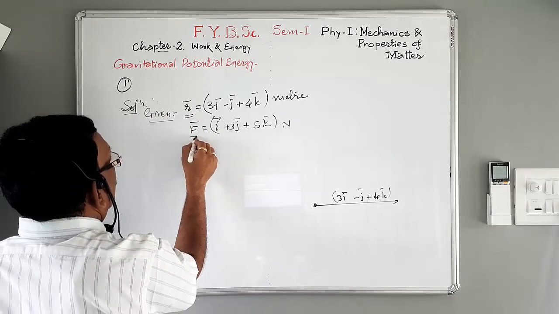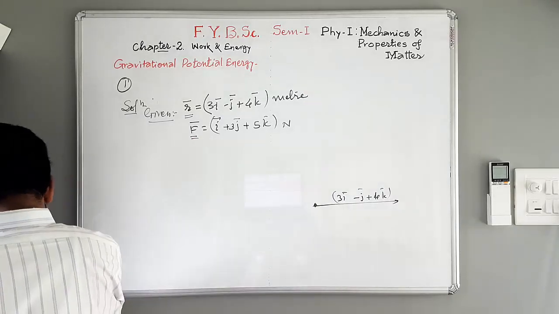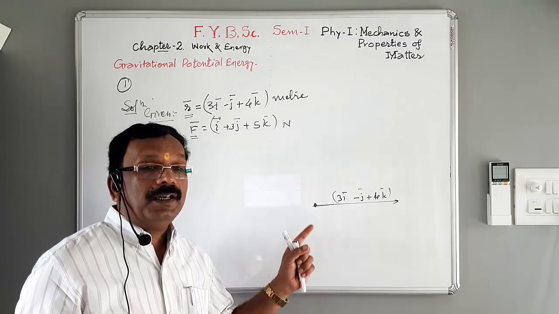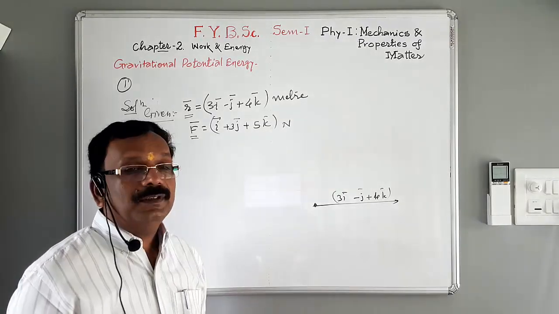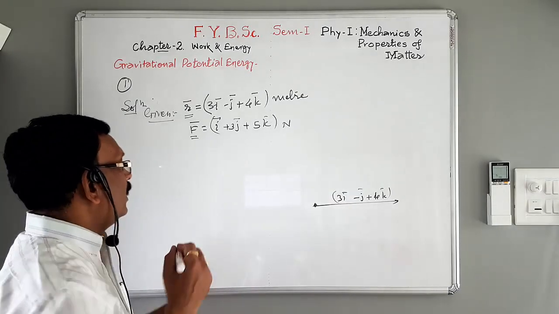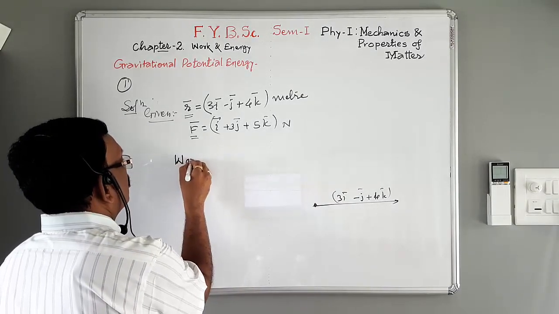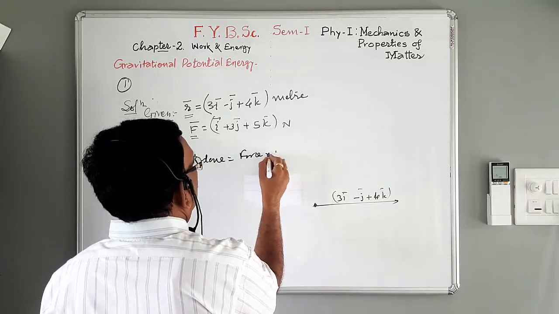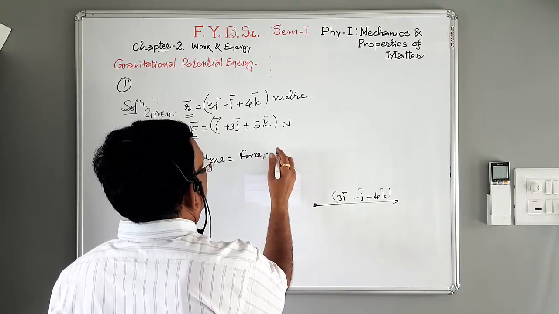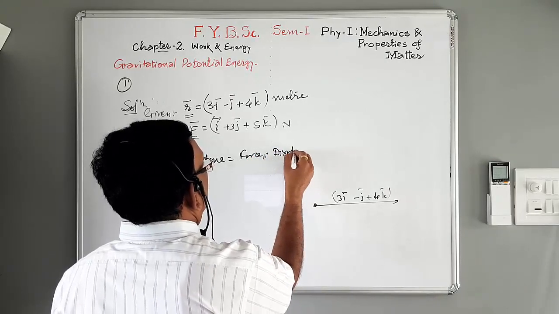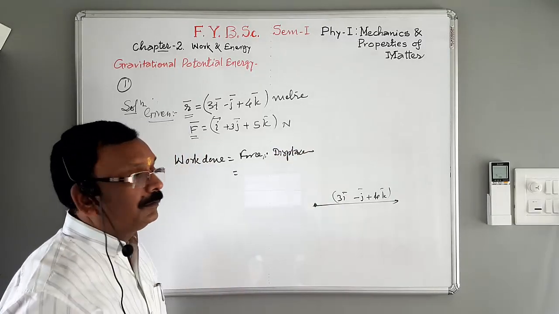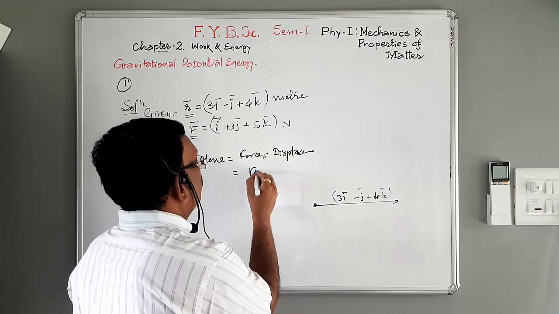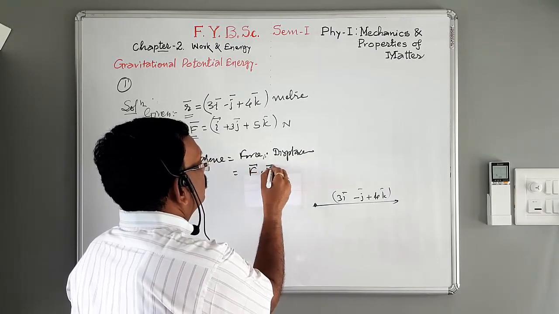There are two quantities, r and F. In order to find the work done on the particle by the force F, we have to use the formula: work done is equal to force into displacement, that is simply F dot r.